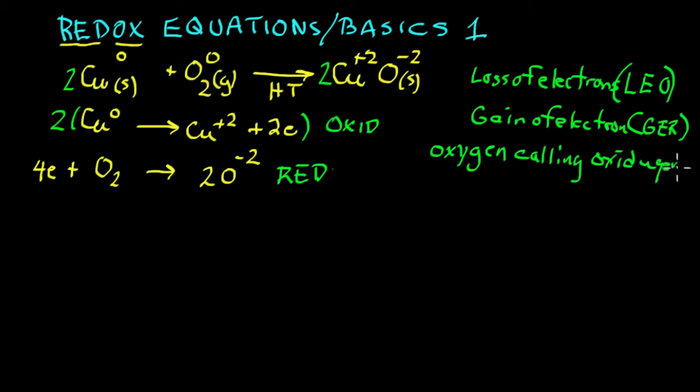Now, why do we call it that? Because it caused oxidation. So that's true. Copper, therefore, caused reduction. It caused oxygen to gain electrons. So copper is a reducing agent.